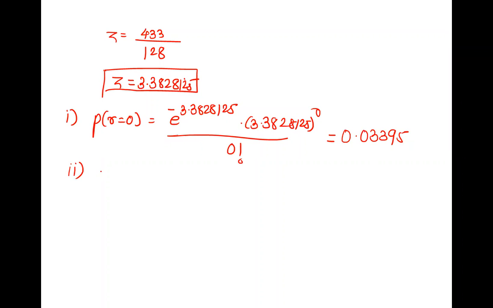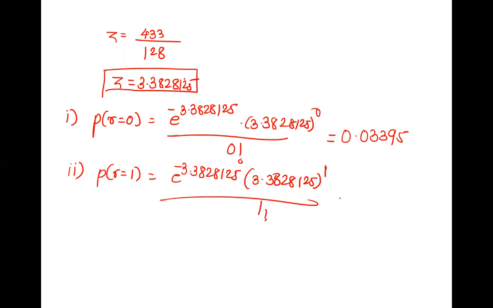Probability R is 1. Now it is there in your calculator. You just change this R. Go back and change here 1, and here also 1. Raised to 1 upon 1 factorial. What is that? 0.11485. Next? 0.11485.